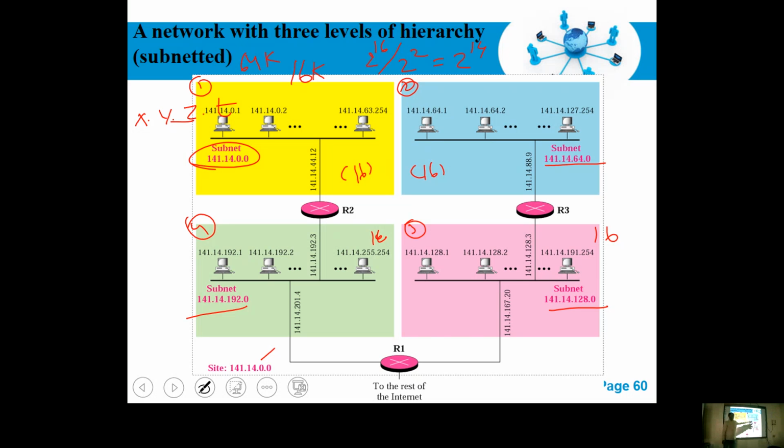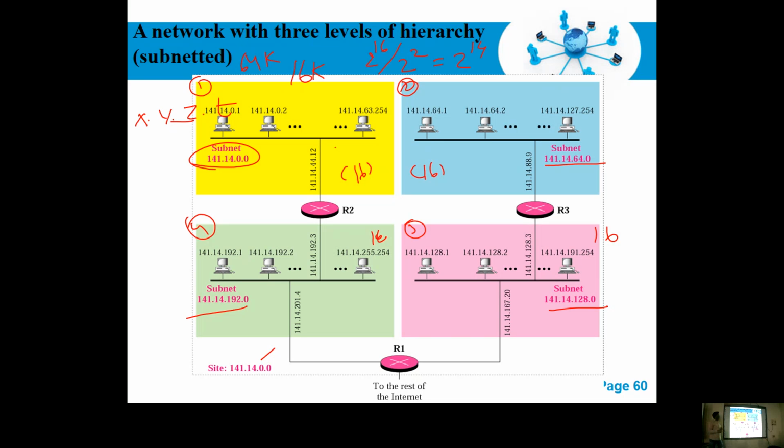So if that is the start of the second one, what will be the end of the previous one? 141.14.63.255. That will be the last one here, and the last computer address will be 254, because 255 is the broadcast address, right?